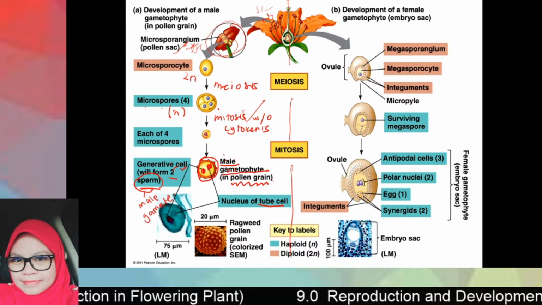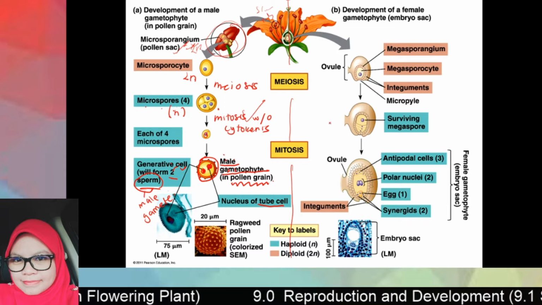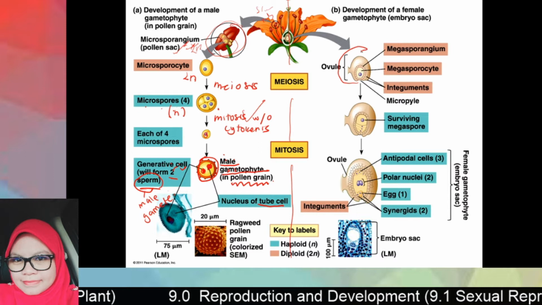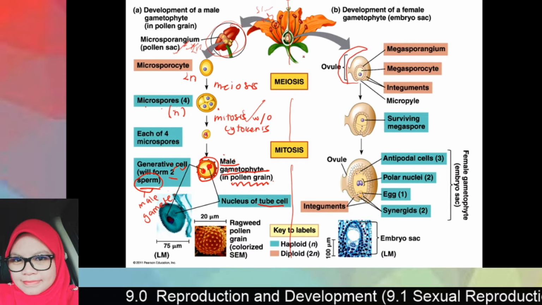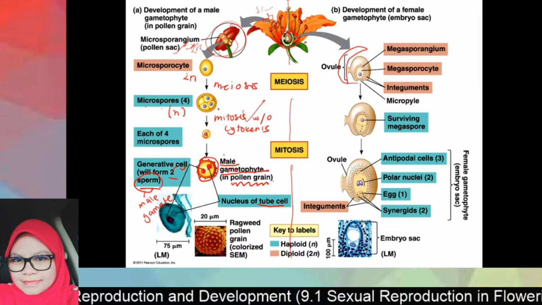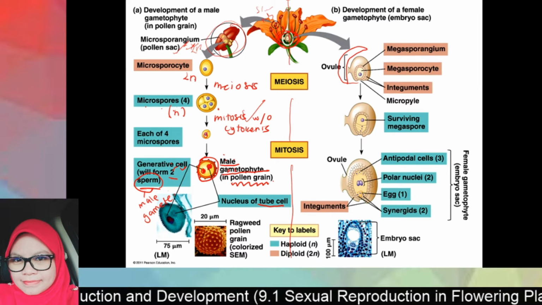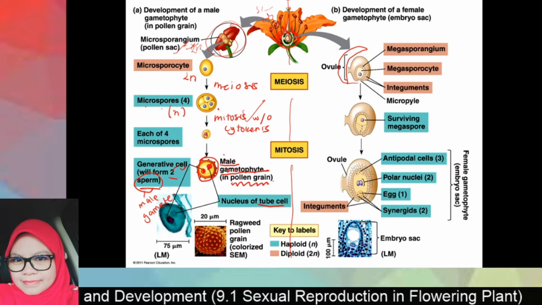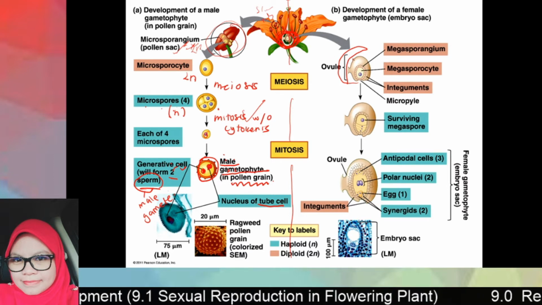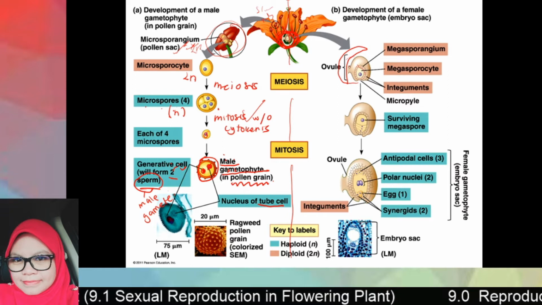Okay, then the formation of the female gamete occurs within the ovule in the ovary. The female reproductive structure consists of the stigma, style, and ovary. In the ovary there is the ovule.